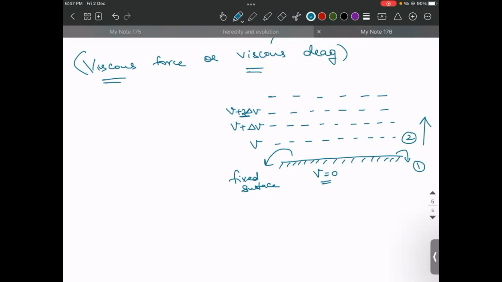The fixed surface is the one which is going to exert the maximum amount of frictional force on the liquid, right? So this is how there is going to be a viscous force acting between the subsequent layers that are present in the system.